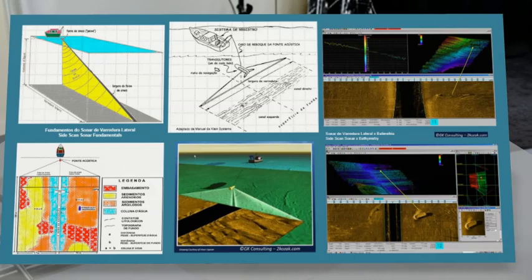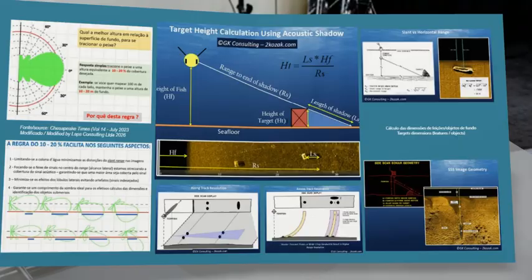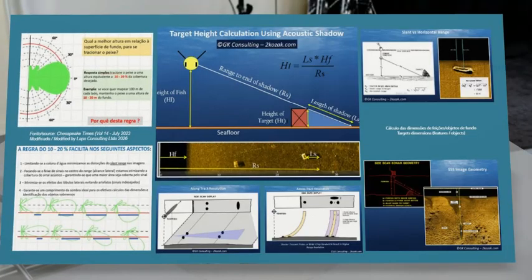So at the beginning, I set some images for basic concepts on side scan sonar. Most of the images here are from Gary Kozak. He was very kind to allow me to use some images from him, and also some images I made myself. Okay, just to show how side scan sonar works. And you see here tables and connections, and basic concepts on side scan sonar technique.